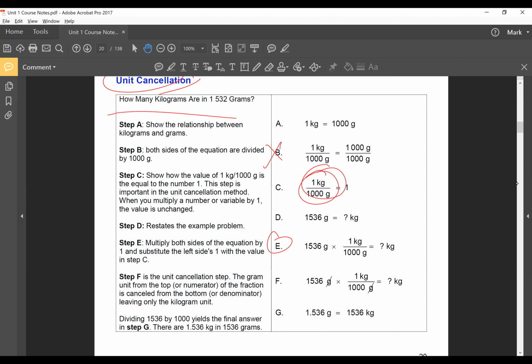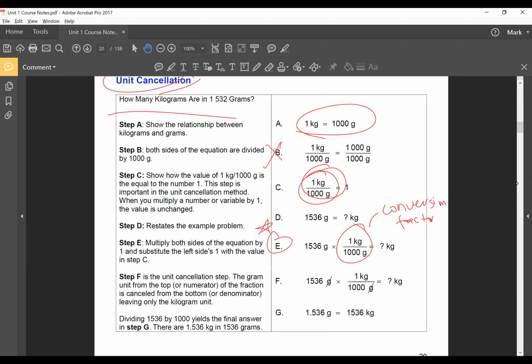So what you would do in step E, which is where I would start with this, is I would take my grams, my 1,536 grams, and I would multiply it by that conversion factor. Sorry, this is what I'm calling the conversion factor, by that I mean conversion fraction.